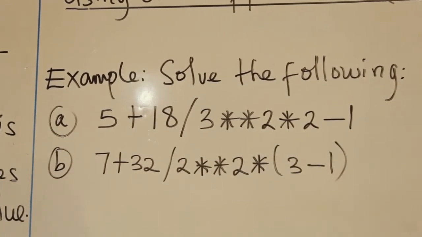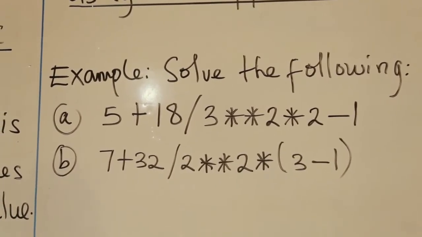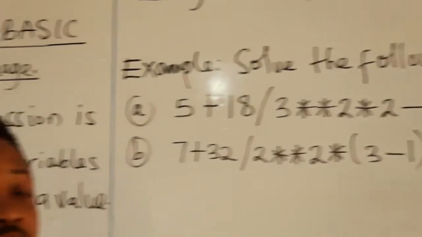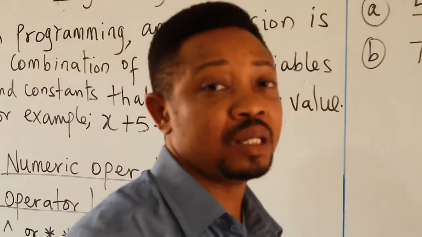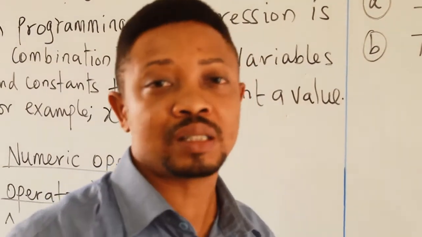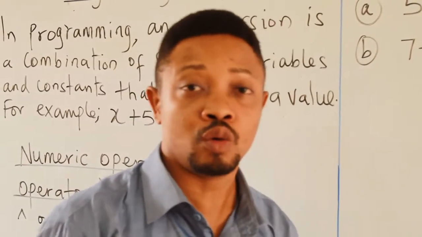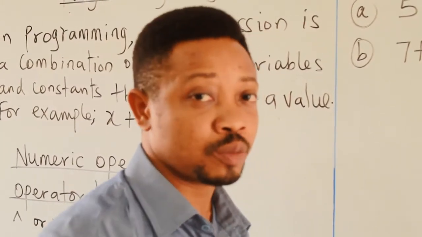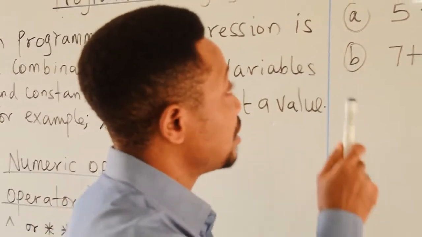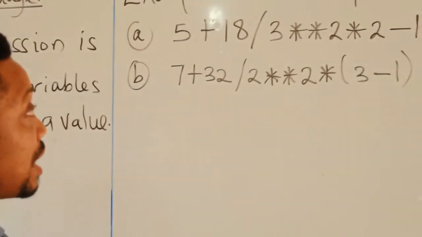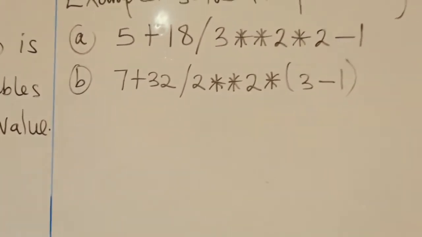This is how it is written in basic programming. If it is in mathematics, it will be quite different. As this class proceeds, we will see how to convert mathematical expressions to basic expressions. Remember when I showed you the operators and how they are written.